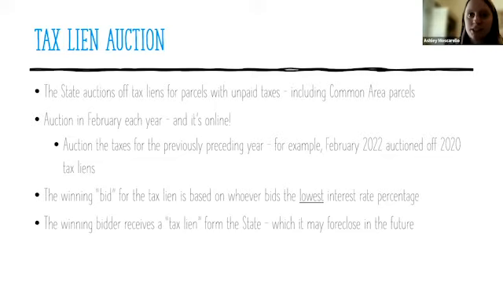So sometimes you'll see tax liens where the lien holder has the lien, but it's for like 3% interest, which is still something, but that's why it's so low. Every now and then you'll see them in the teens, like 16, 14, 12% interest, and that might just be because there was not a ton of interest in that particular parcel. So it's kind of interesting. Whoever bids the lowest interest rate percentage gets that tax lien.